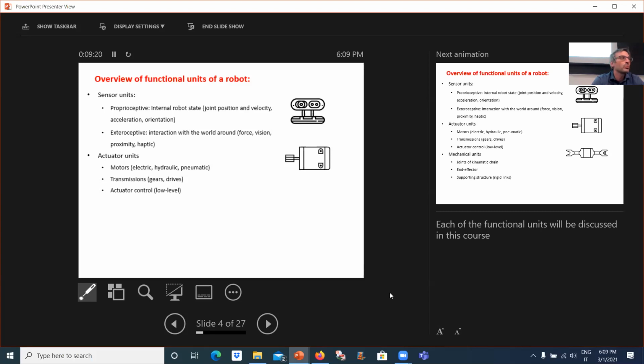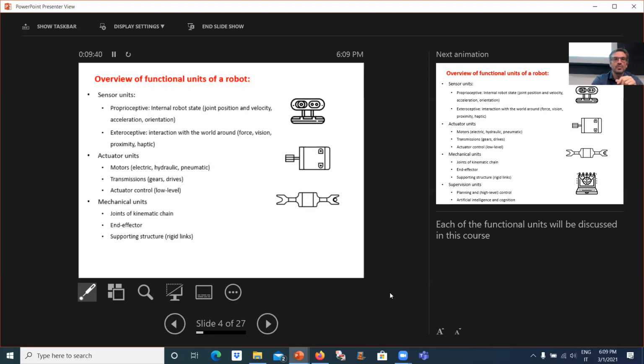And this kind of control is called low-level control. It's low level to be distinguished from the high-level control, for example, that we have on legged robots to keep stability, while the low level is more controlling the position, the velocity, and the force.